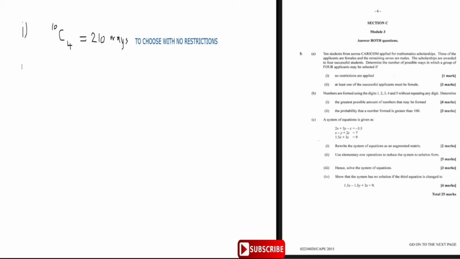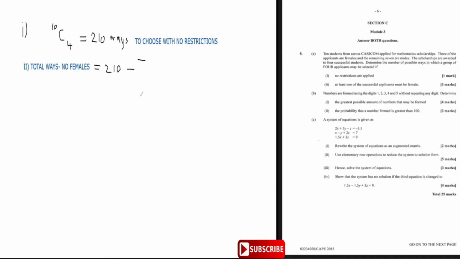So to do part 2, in order to find the number of ways where you have at least one female, it's going to be the total ways minus the number of ways with no females. The total number of ways we just found was 210, minus no females.